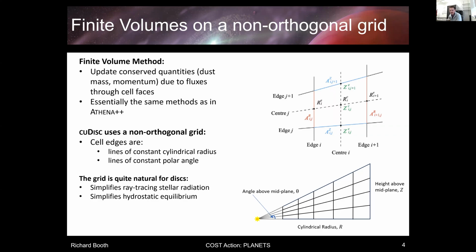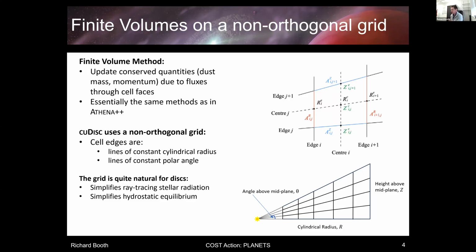The reason for this is that it allows us to do 2 important things very easily. One of those is ray tracing the stellar radiation. We can just do that straight along the grid lines. And the other thing is hydrostatic equilibrium can be easily computed. These 2 assumptions make it very easy to do these things in an exactly conservative way.